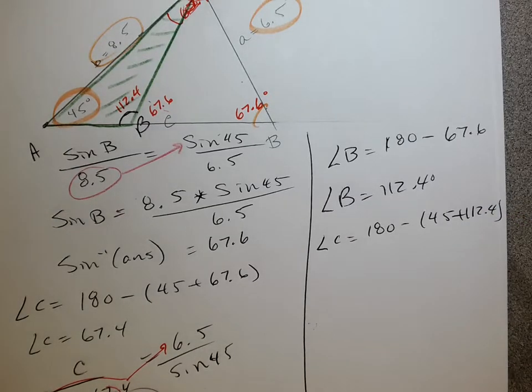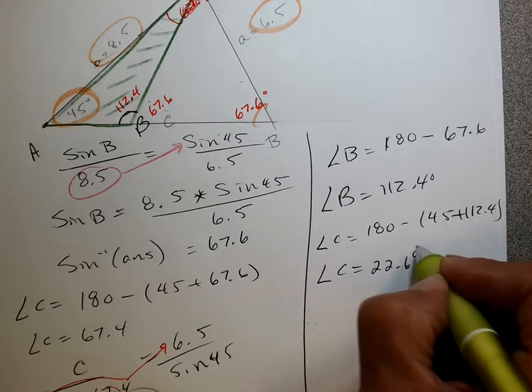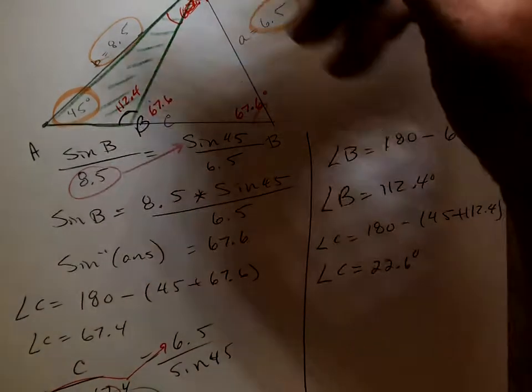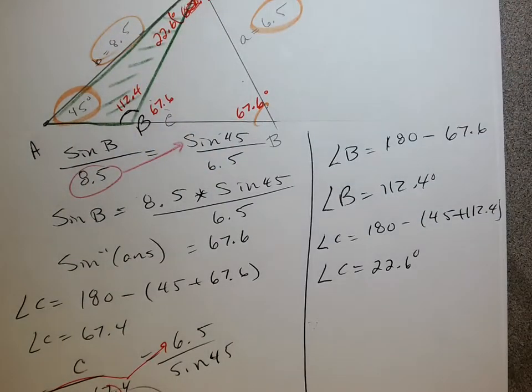I'll use my calculator. 45 plus my 112.4, and I get an angle of about 22.6 degrees. Okay, so that's now a 22.6 degree angle.